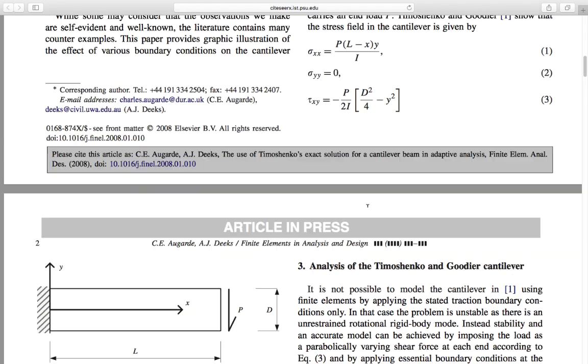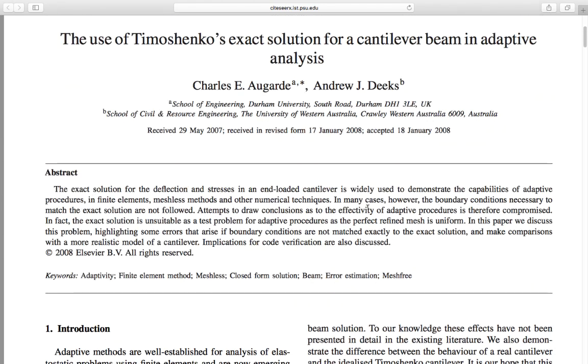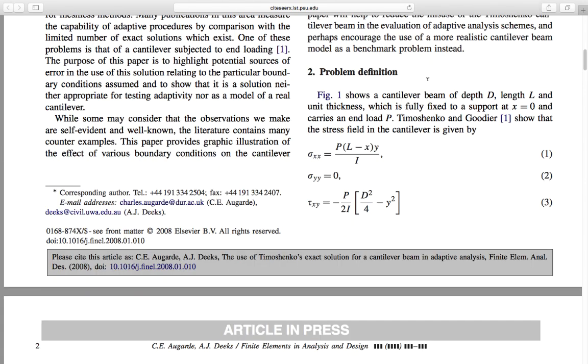You can look up a number of papers, of course, which I'm going to show you now. As I said, if you look at certain literature which is present on the internet, and I'm going to also publish this particular paper, or just put it on the website for you on the blackboard, you can see that there is a use of Timoshenko's exact solution for cantilever beam analysis. I don't need you to look at more details of adaptive analysis, etc., but just to look at the conditions that have been presented here.